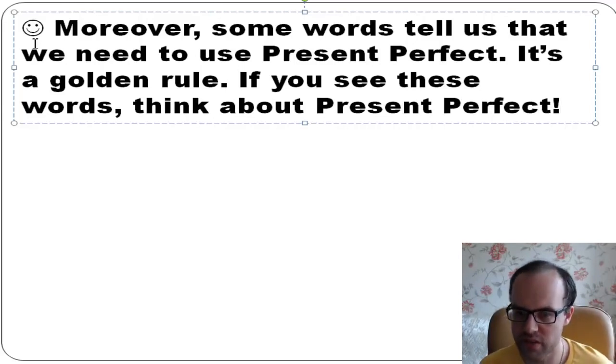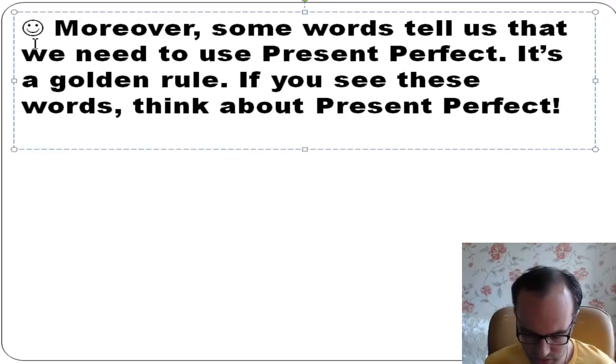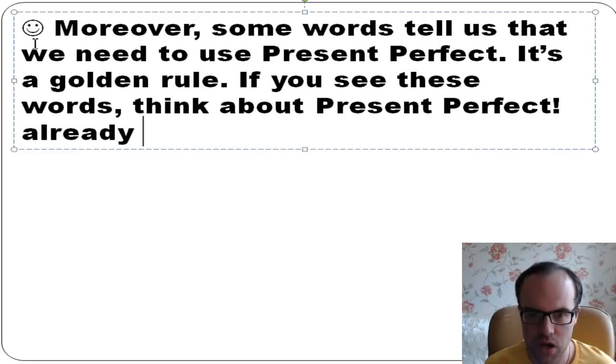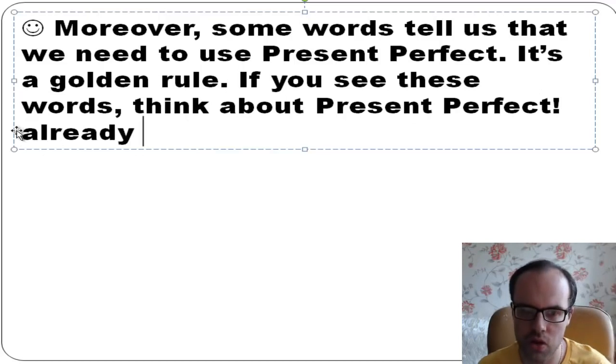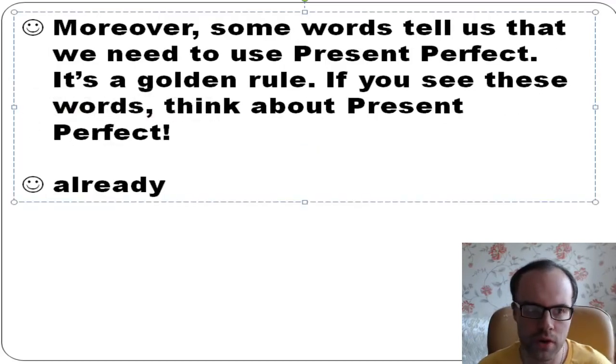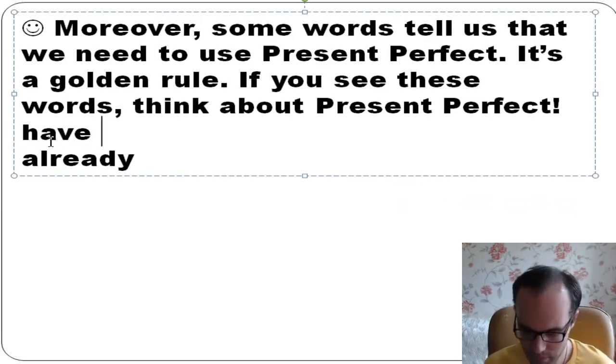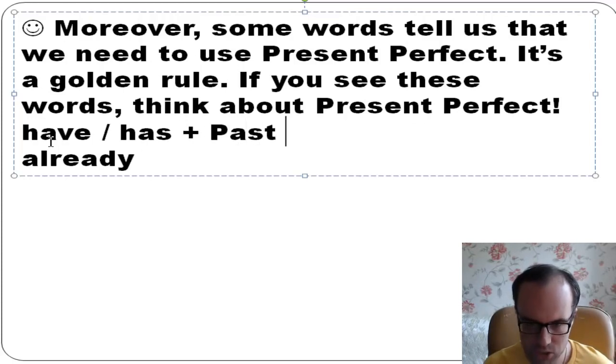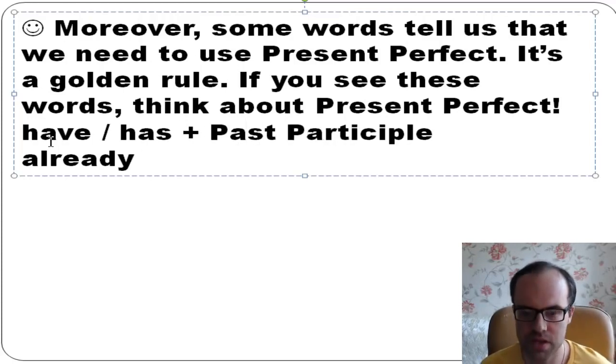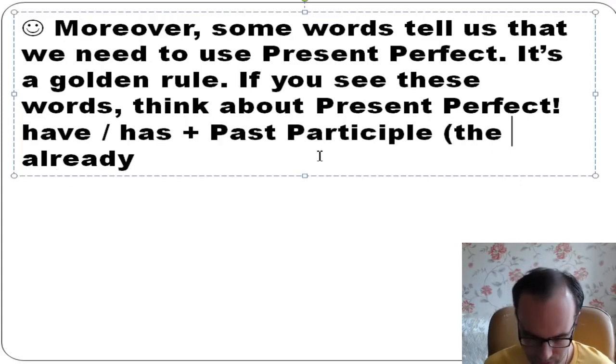If there is a connection with the present. And you know that we form present perfect this way: have or has plus past participle, or we call it the third form.